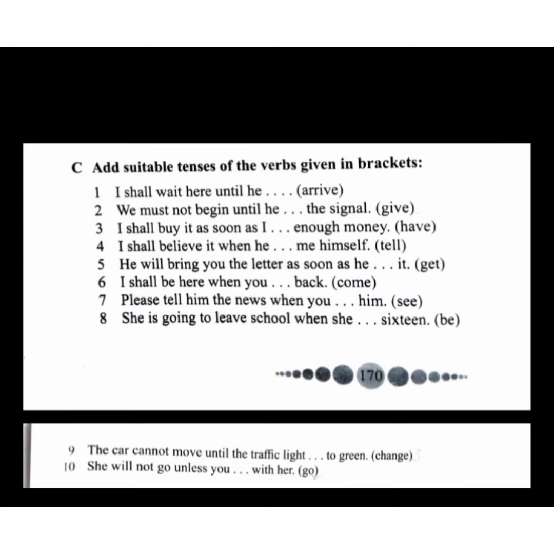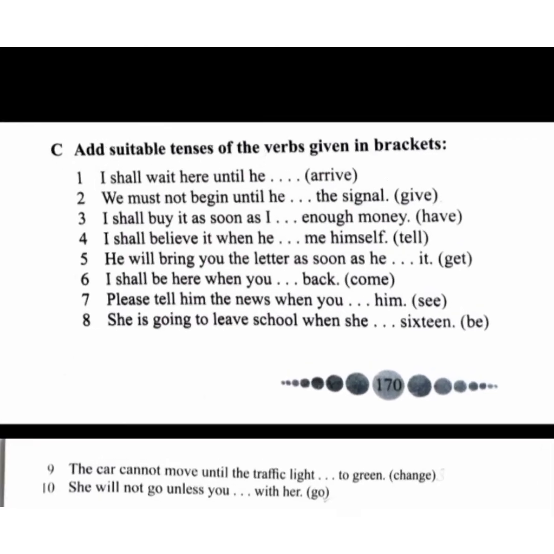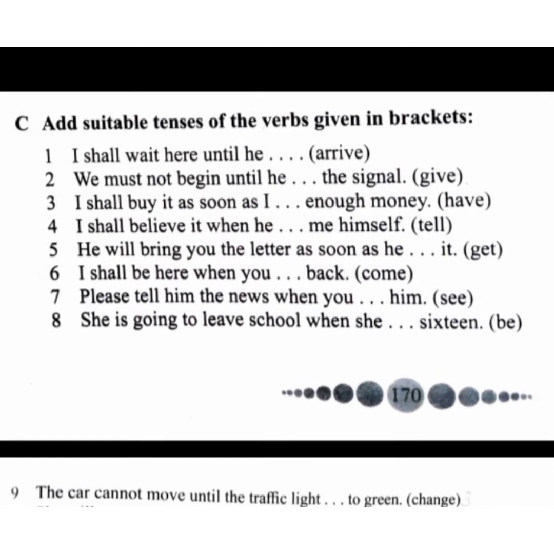Exercise C, first one, I shall wait here until he arrives, right? Second one, we must not begin until he, what will come here? Until he gives the signal. Yes.